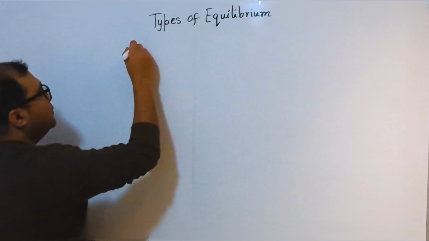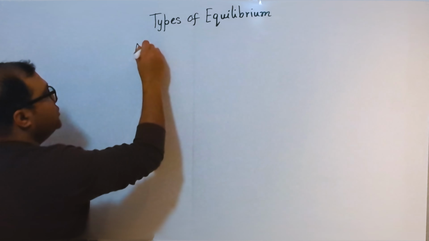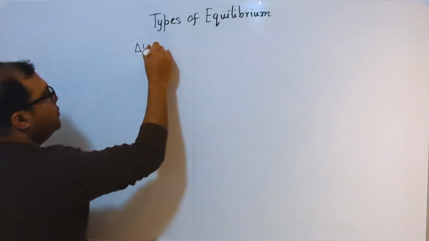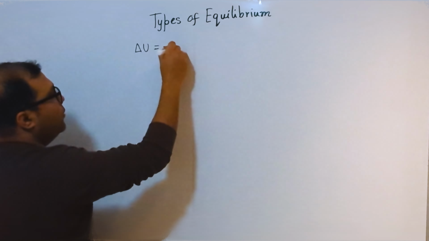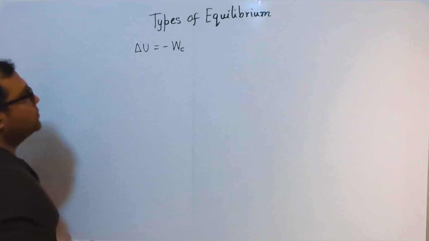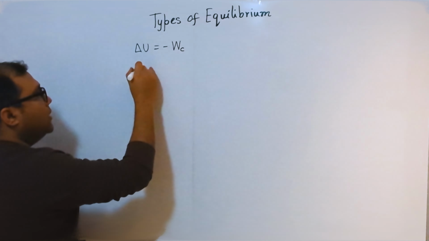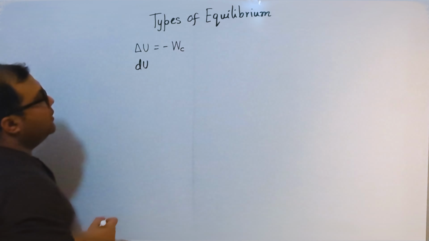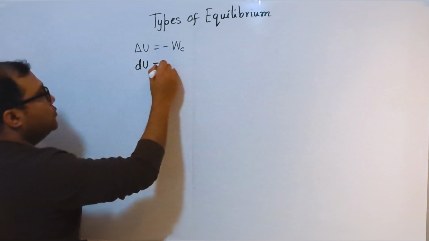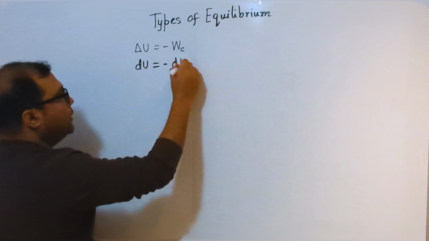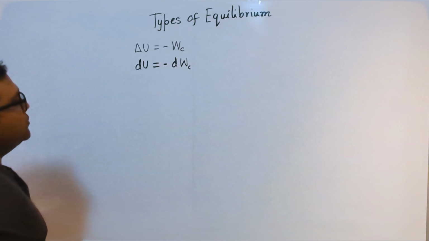We know the change in potential energy is equal to the negative of work done by a conservative force. We could also write this as a small change in potential energy is equal to a small work done by a conservative force.